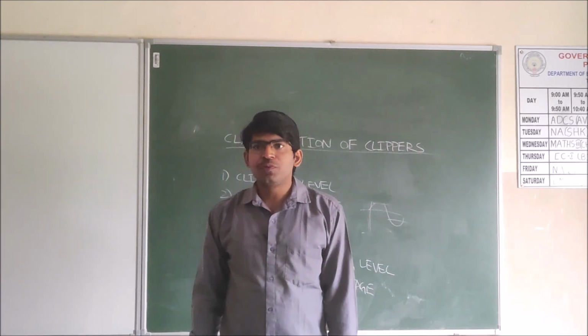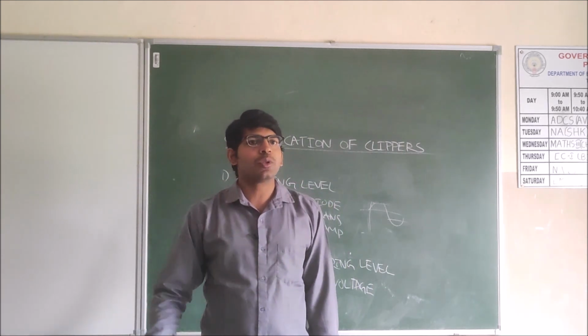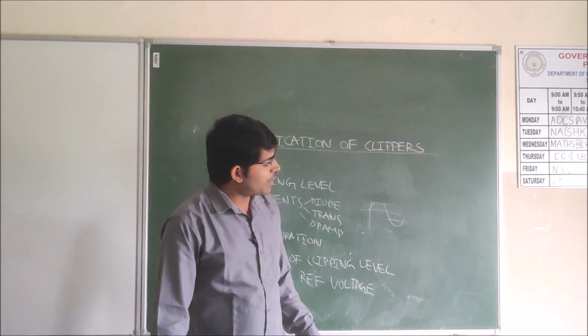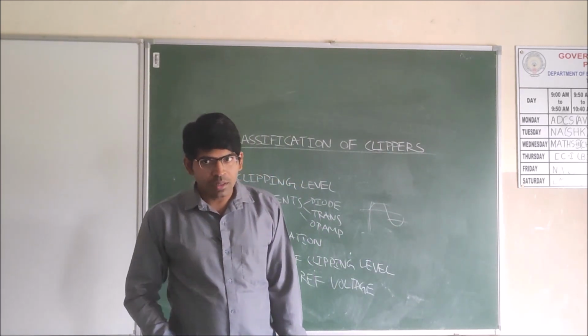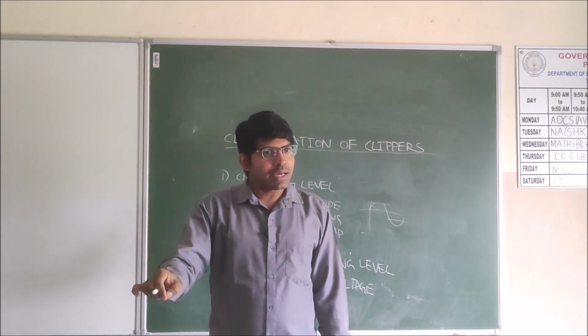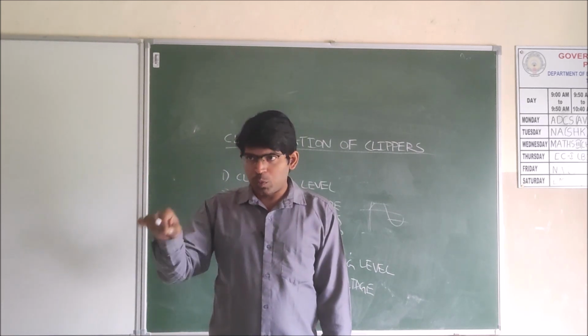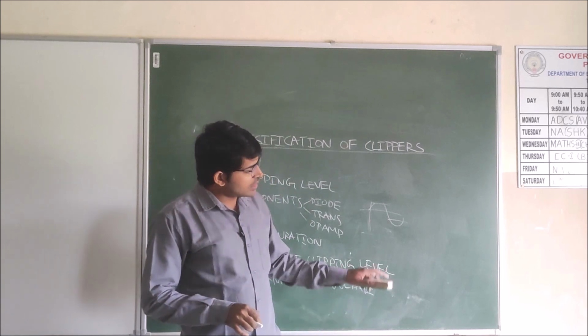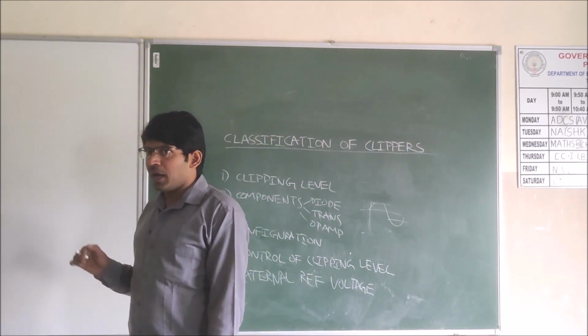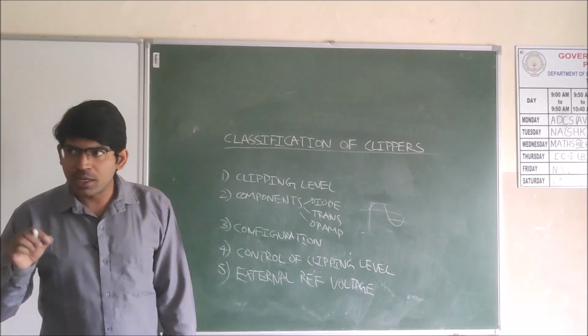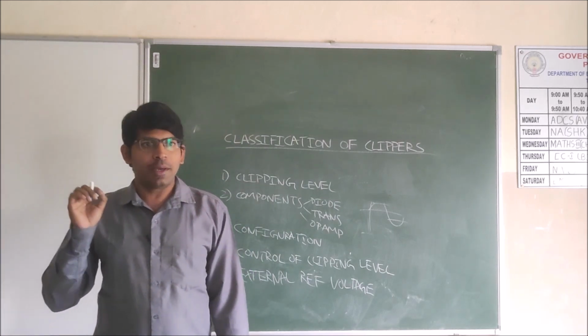In unbiased clippers, we are not adding any external supply to the diode. An external supply will not decide the clipping level. In the biased clipper, we are intentionally adding an external supply along with our input. So this external supply will decide the clipping level. In unbiased clippers, only the diode itself will decide the clipping level.